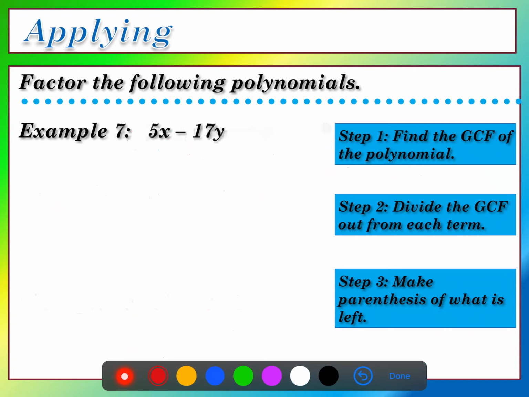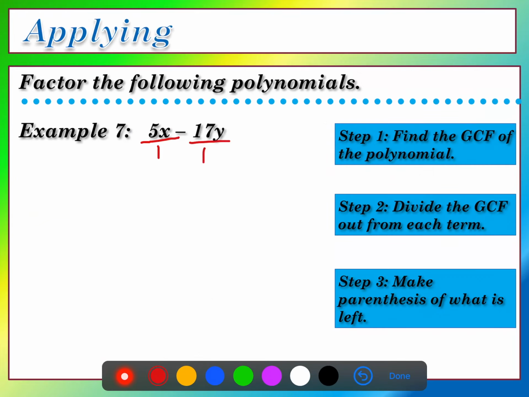Now, sometimes, okay, we are factoring a problem and it doesn't look like there is a GCF. 5x and 17y, they have nothing in common that I can take. But if we remember, what is always a factor of every single number? You could always take out a 1.